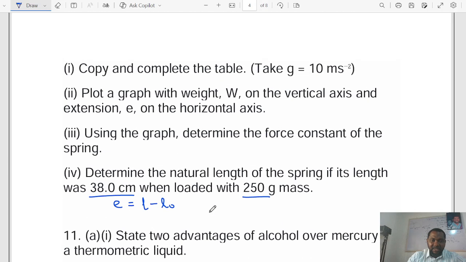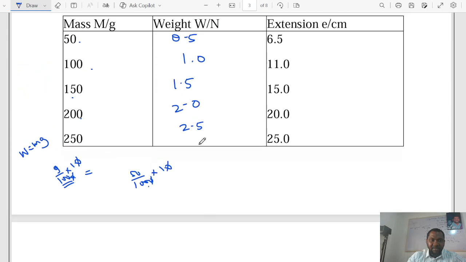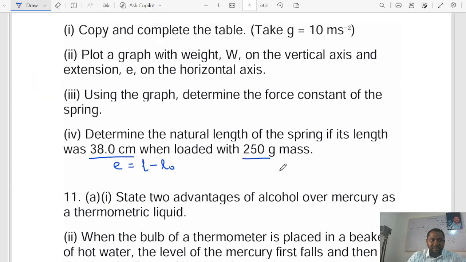And if you look here, for 250 grams mass, the extension was 25 centimeters. So I'm going to say the extension here is 25 centimeters, equal to the new length, 38, minus the natural length.